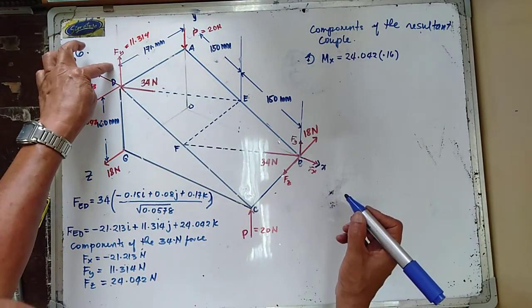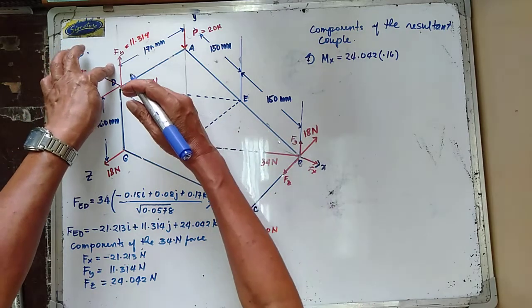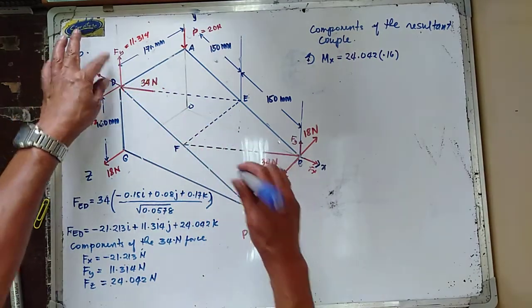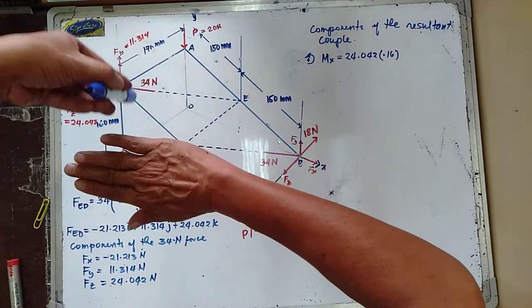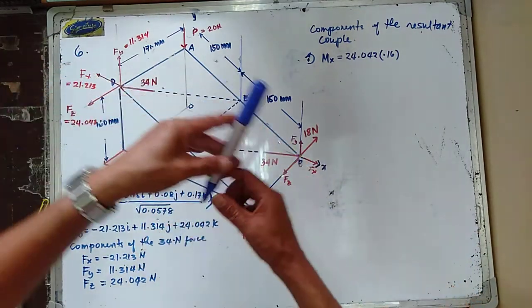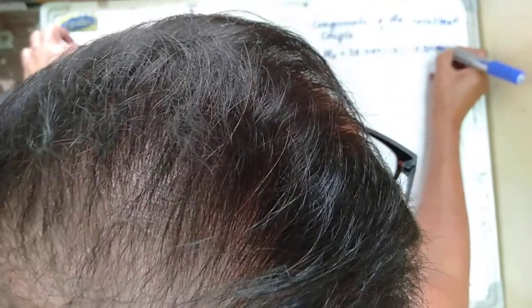Now, your Fy has a moment about the x-axis. So this is your Fy, this is the x-axis. It has a moment, and that is going clockwise. So we have minus 11.314.